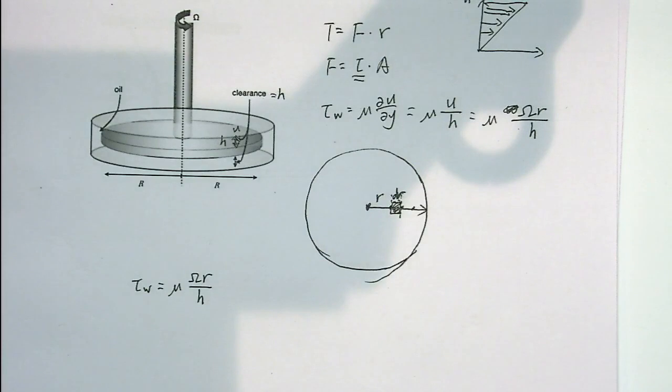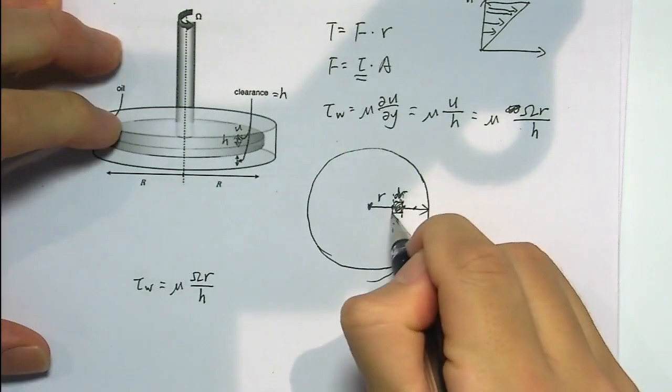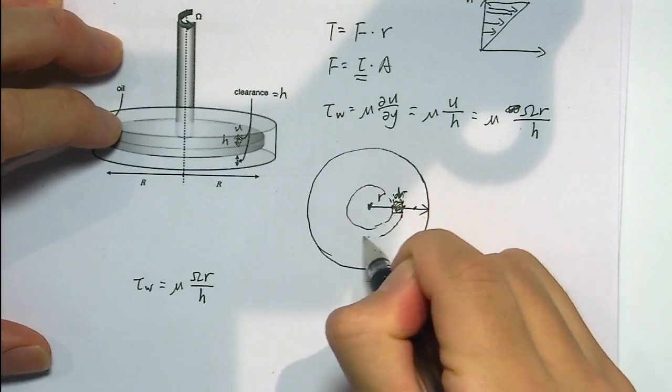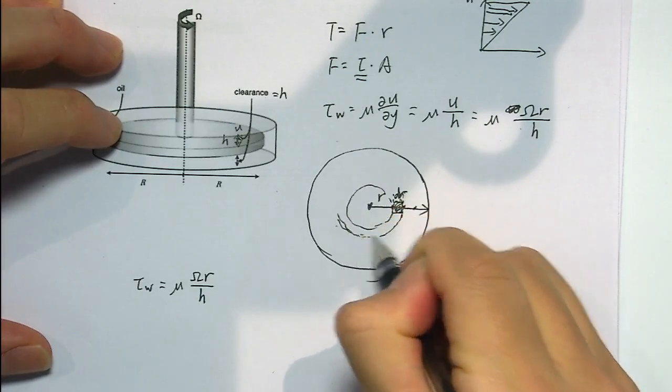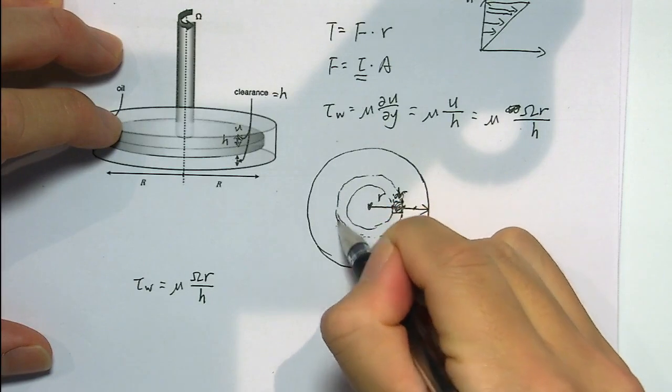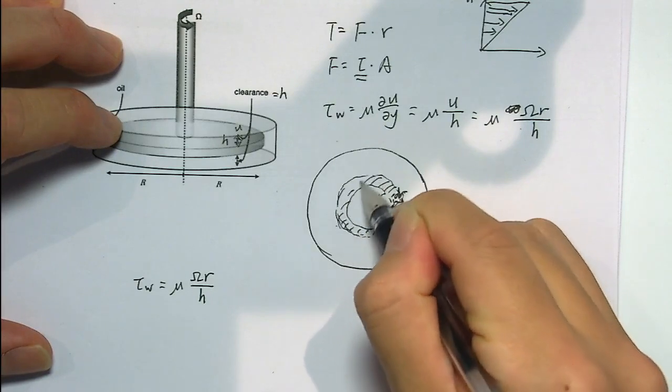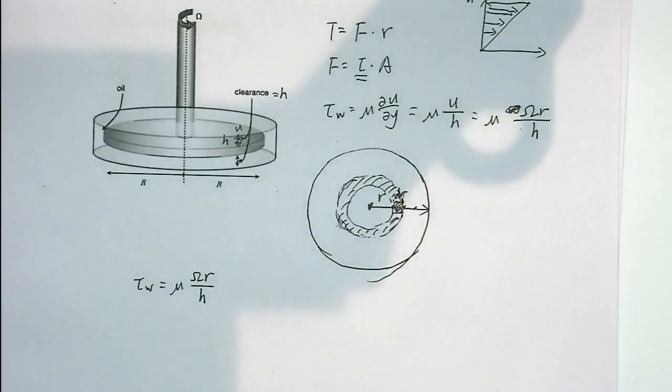And then we could solve the viscous force at this radius. At the ring of the infinitesimal part with the same radius, the shear stress should be the same, right?